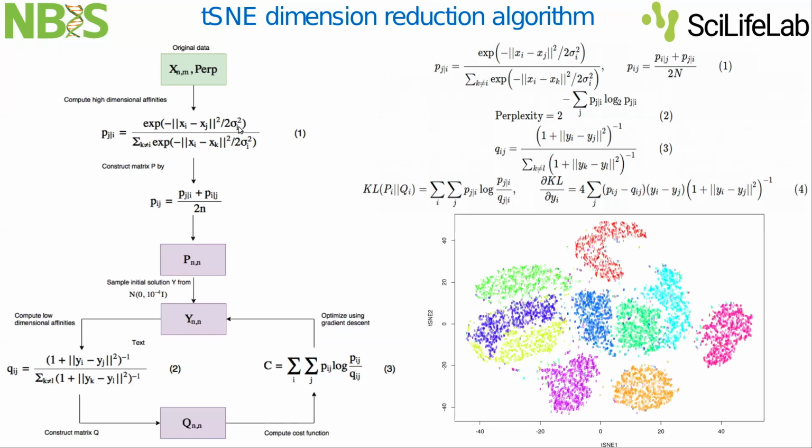Otherwise, you get these beautiful pictures, as I said. The output is the coordinates in 2D, and it works very well through gradient descent because Kullback-Leibler is relatively easy to differentiate. If you can compute the derivative of the cost function, you can run gradient descent.